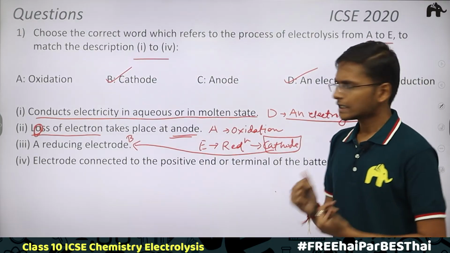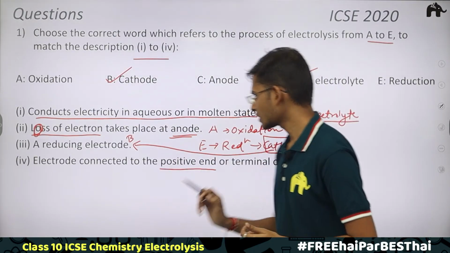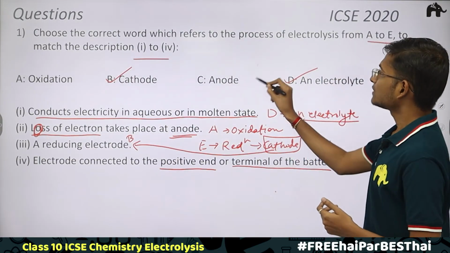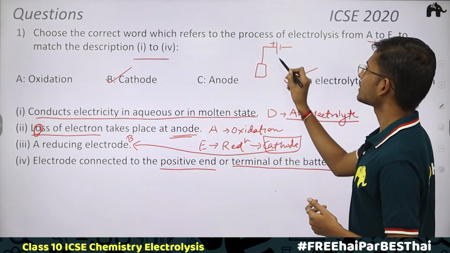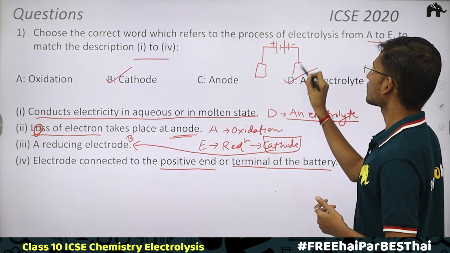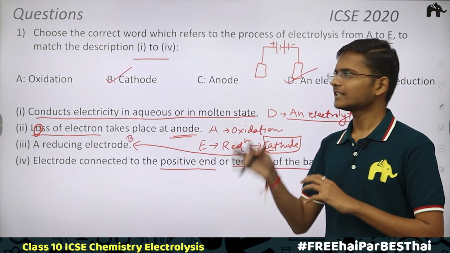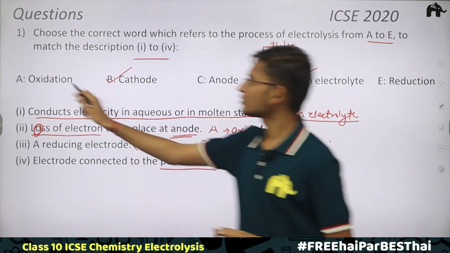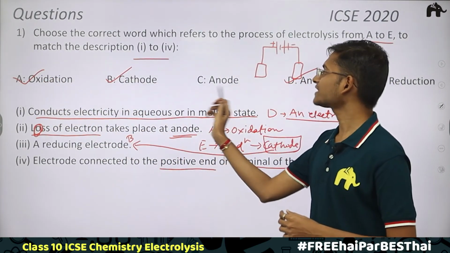Then, the electrode connected to the positive end or terminal of the battery. We have seen this while studying the basics, the electrode connected to the positive terminal. I told you a trick because you would get confused at the end of the day. Among these, you can simply tell that only anode and reduction are remaining, so the answer is anode.